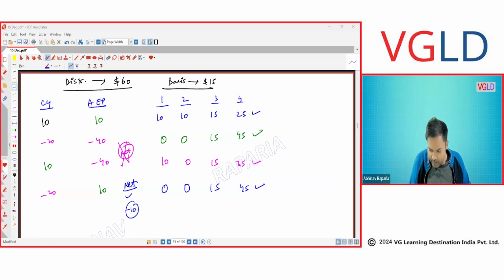Same, quickly do with me. Last point also. Minus 20 and 60. What is capital gains?